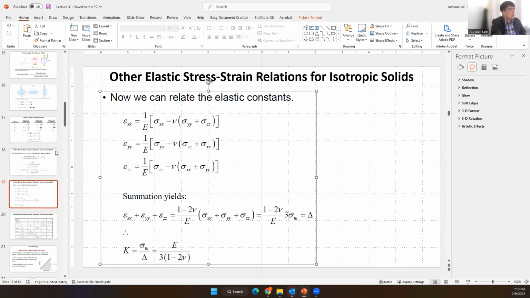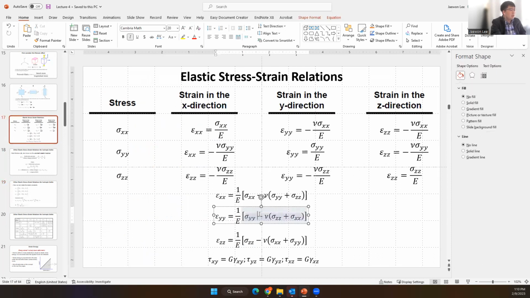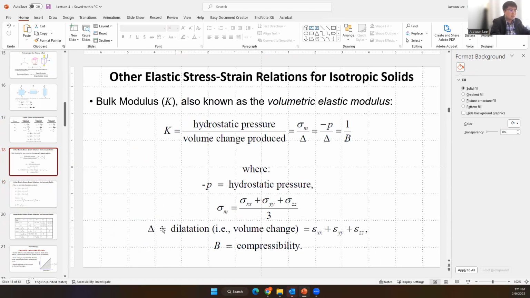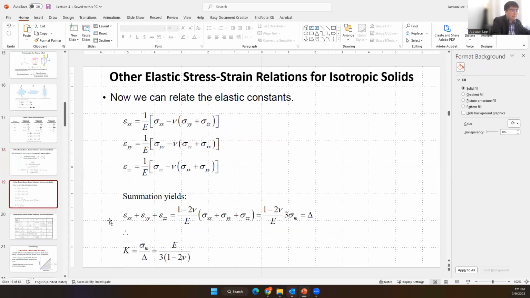We can get these relations from previously, and if we sum the x strain, y strain, and z strain, we can easily obtain this one, and we can define this one as the volume change, the direct tension. Then we can calculate the volumetric elastic modulus.